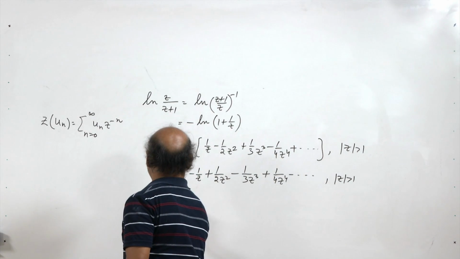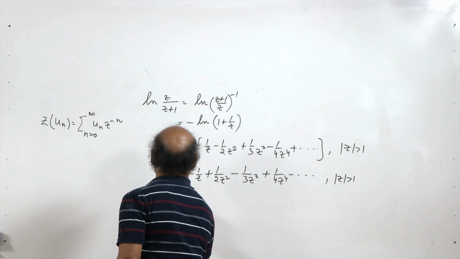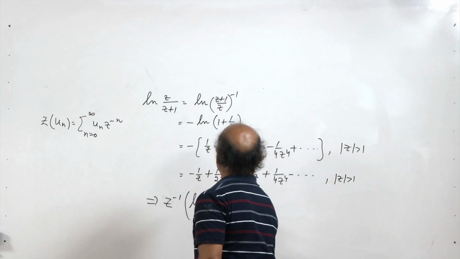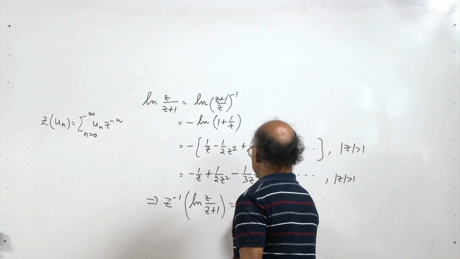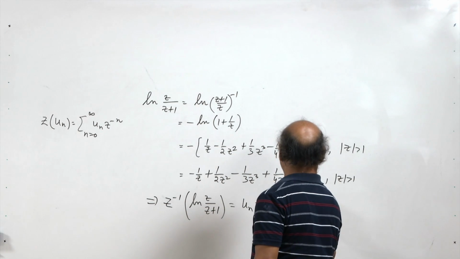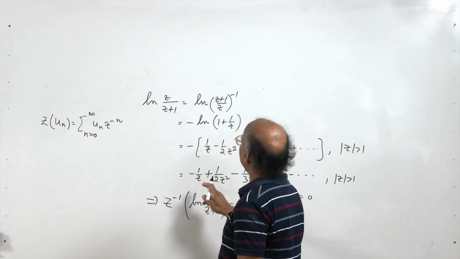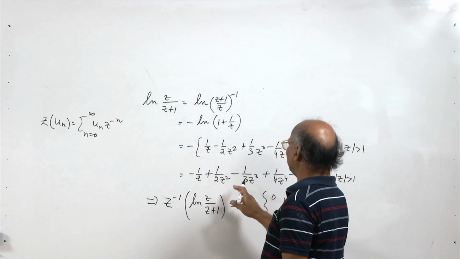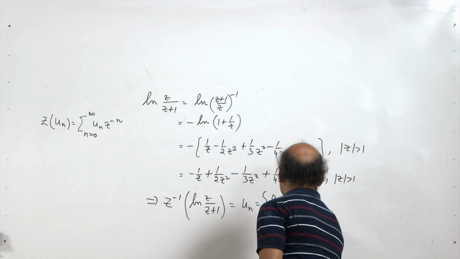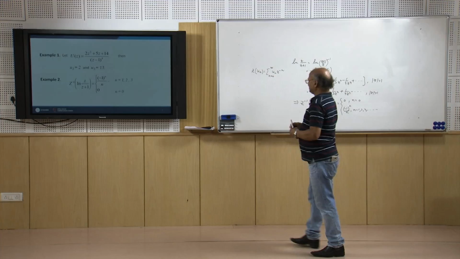So, we get the z inverse of ln z over z plus 1, this is equal to the sequence un. Then un is equal to 0 when n is equal to 0, and here when n is equal to 1, the coefficient is minus 1, when n is equal to 2, the coefficient is 1 by 2. So, we get minus 1 to the power n divided by n when n is equal to 1, 2, 3, and so on. This is example 2.